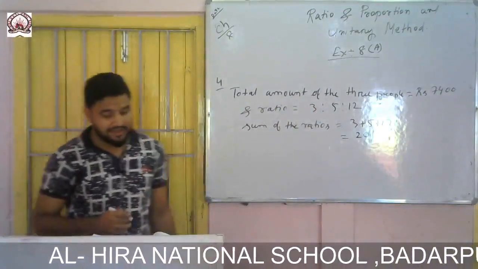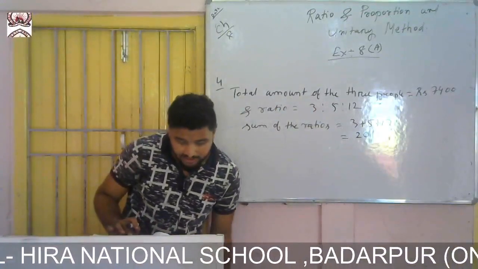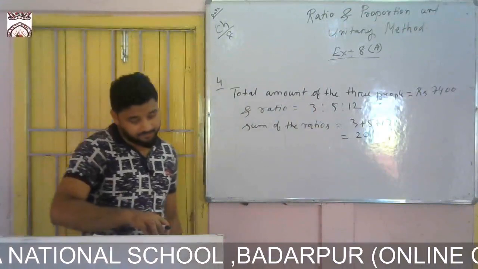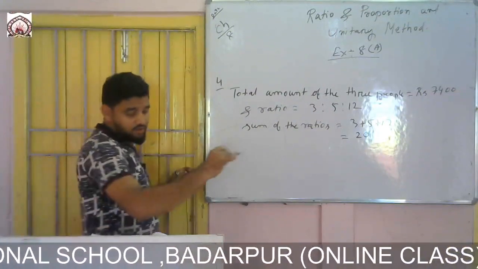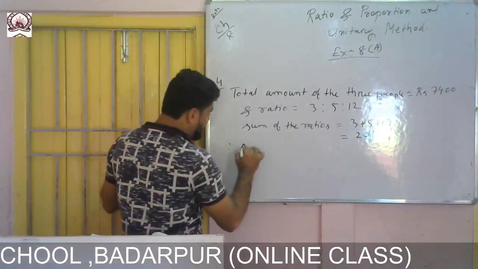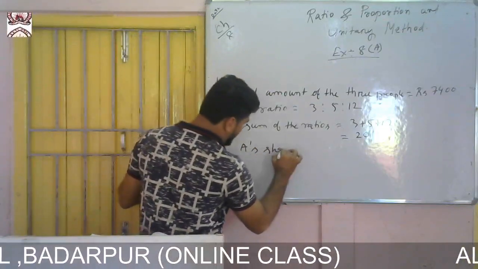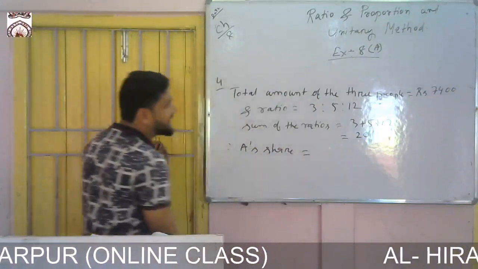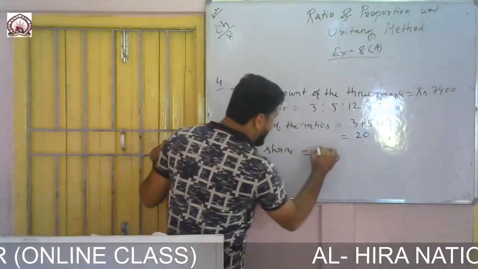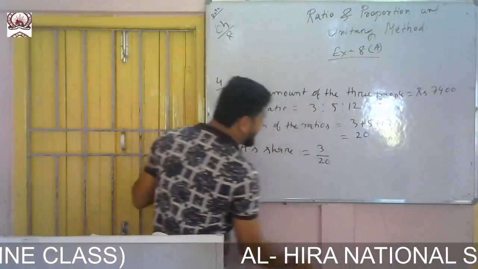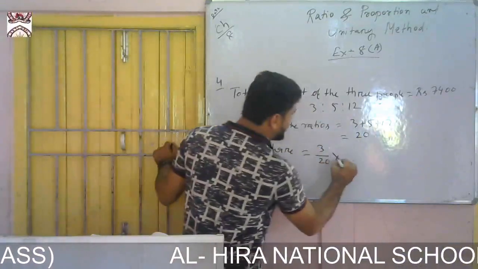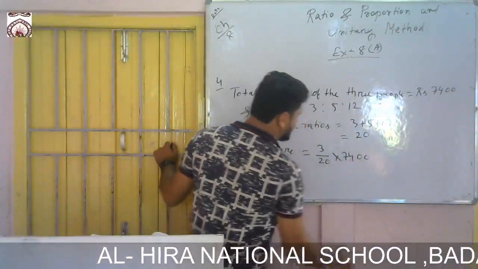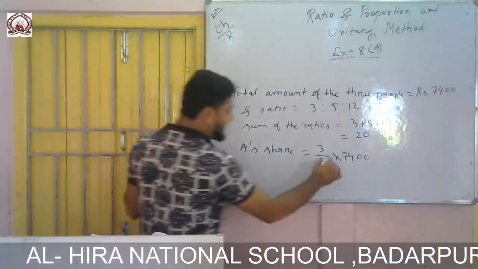Now we can find A's share, B's share and C's share. So A's share will be 3 by the sum of the ratio 20 into total 7400.